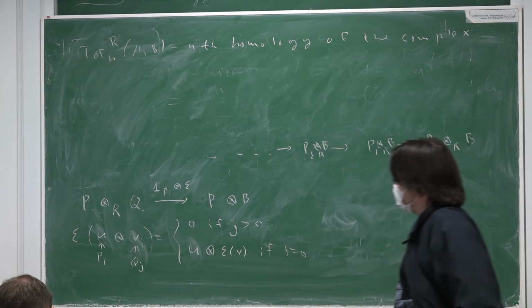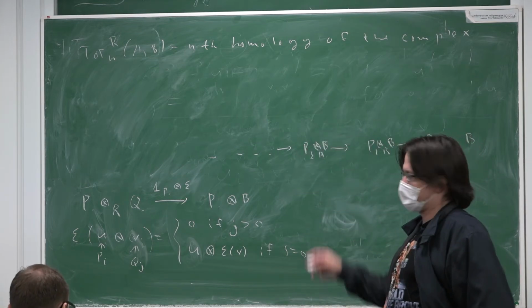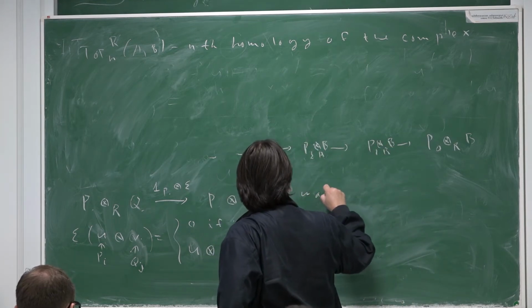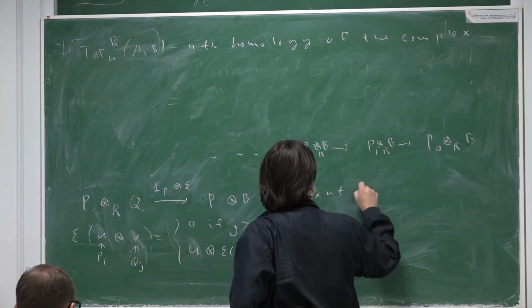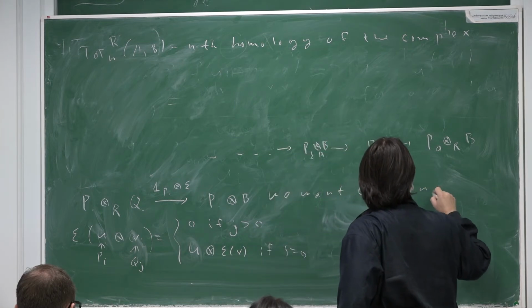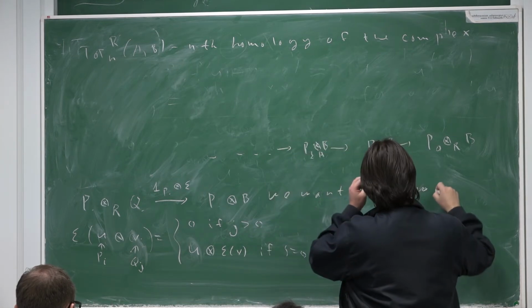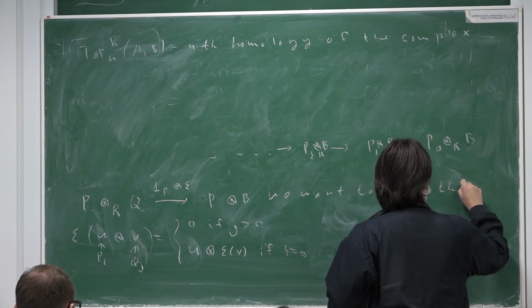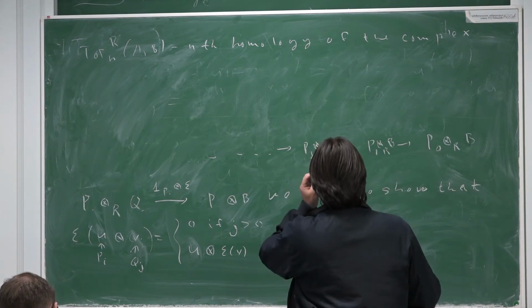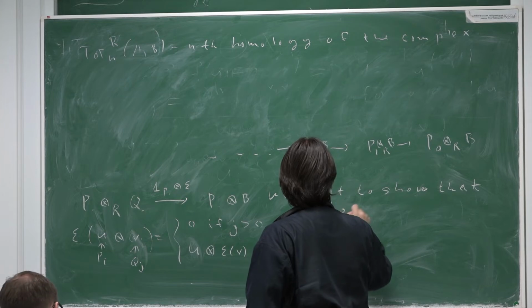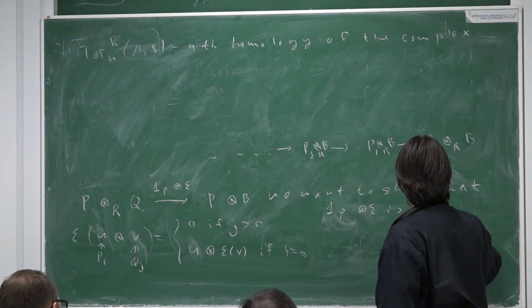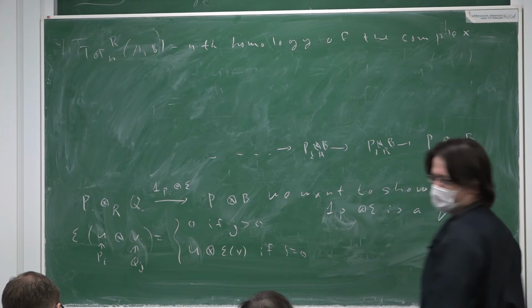So we want to show that this map, 1_P tensor epsilon, is a quasi-isomorphism.